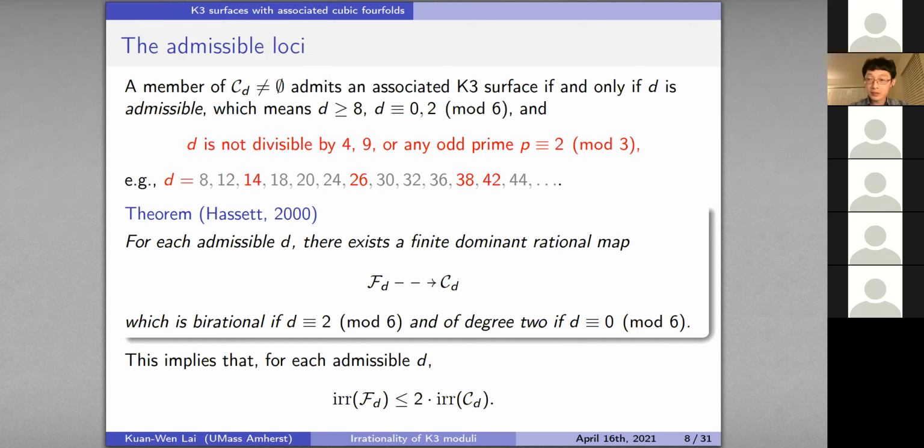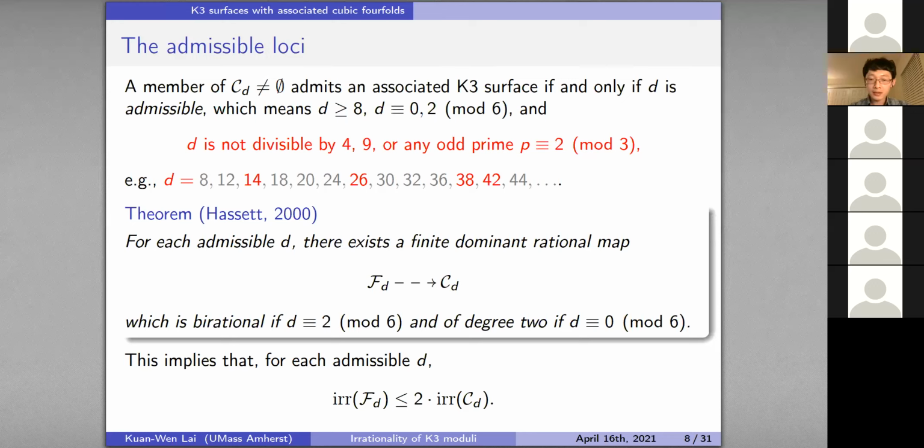From this finite dominant rational map, we can get the following inequality. For each admissible D, the degree of irrationality of the moduli space of K3 surfaces of degree D is less than or equal to 2 times the degree of irrationality of the moduli space of discriminant D cubic fourfolds.